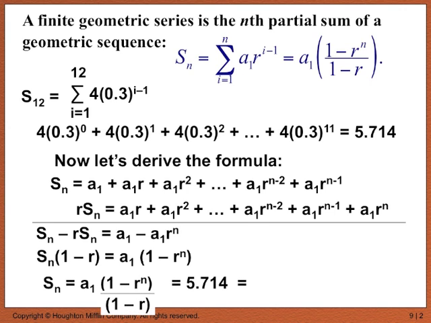And we're left with S sub n equals a sub 1 times the quantity 1 minus r to the n over 1 minus r.